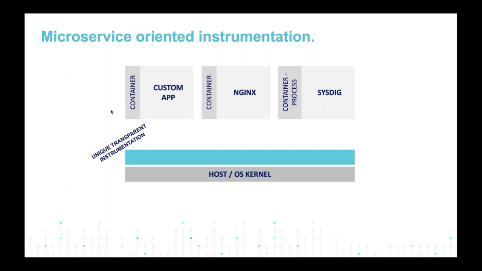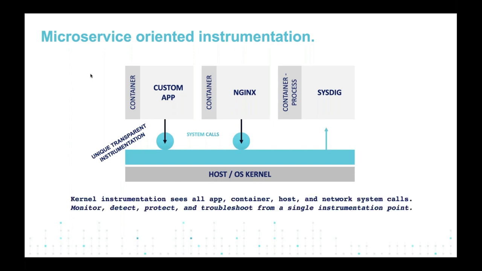This is done without any instrumentation into the other containers in that user space. So every single system call, what does that mean? It means Sysdig has the ability to see every file activity, process, command, network activity, pretty much anything that's a system call that goes to the kernel. And this kernel instrumentation that we deploy allows us to see all the application, container, host, and network metrics.